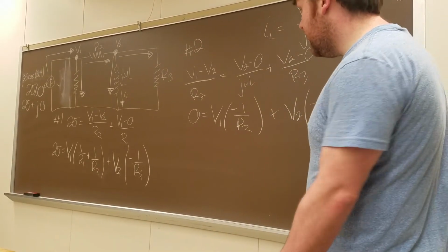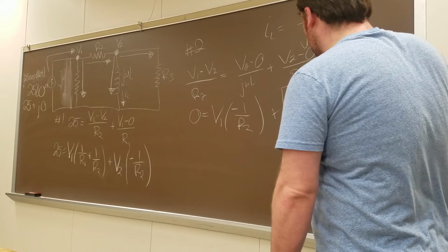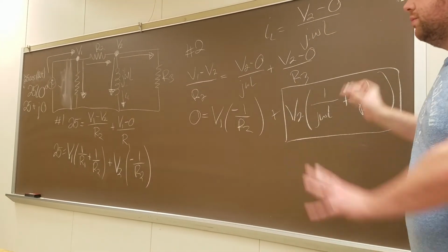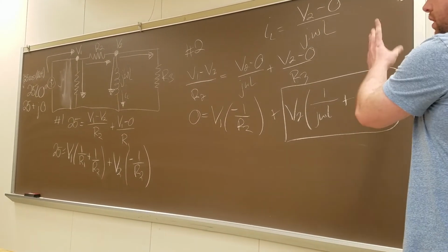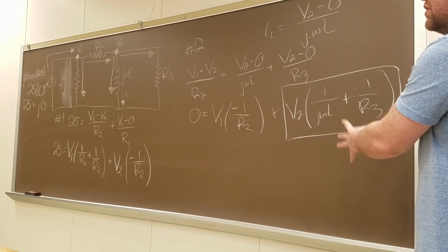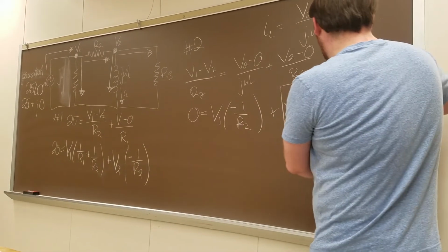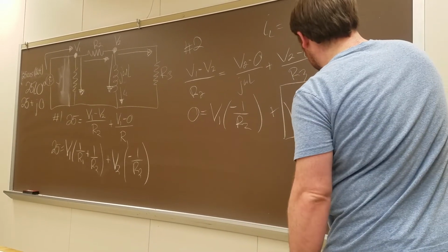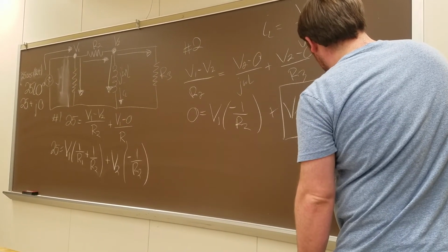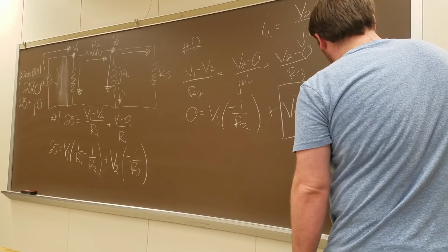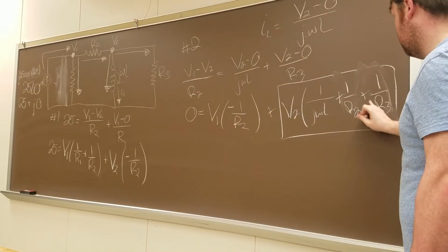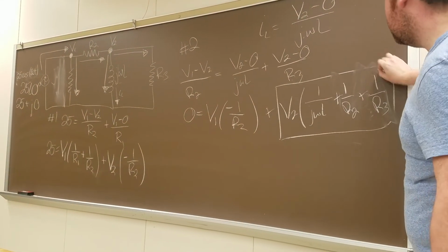Now what we see again, we're in node 2, right? We're looking at node 2. The number we're multiplying by node 2 is just the sum of the admittance pathways out of it. I forgot one. I forgot plus 1 over R2. Now that's right. So it's the sum of the admittance pathways out of it.